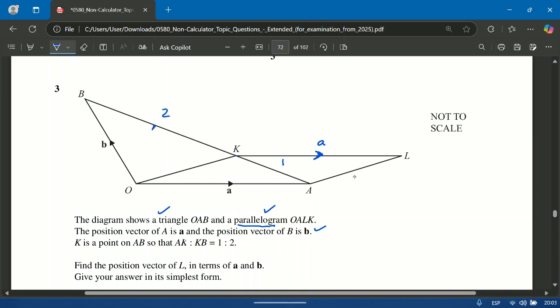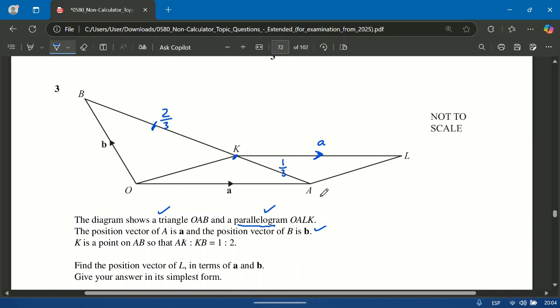Looking at this, if KB is 2 parts, and AK is 1 part, how many parts has this whole line been divided into? 3 parts, which means AK is 1/3 of the line and KB is 2/3 of the line. That's maybe the most confusing thing here. If we cut it up into 3 pieces, we can clearly see we got 1/3 and 2/3 of the line.